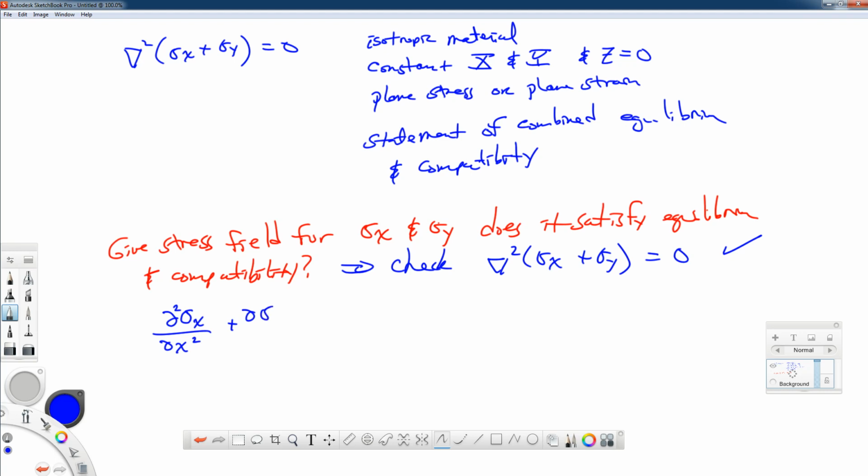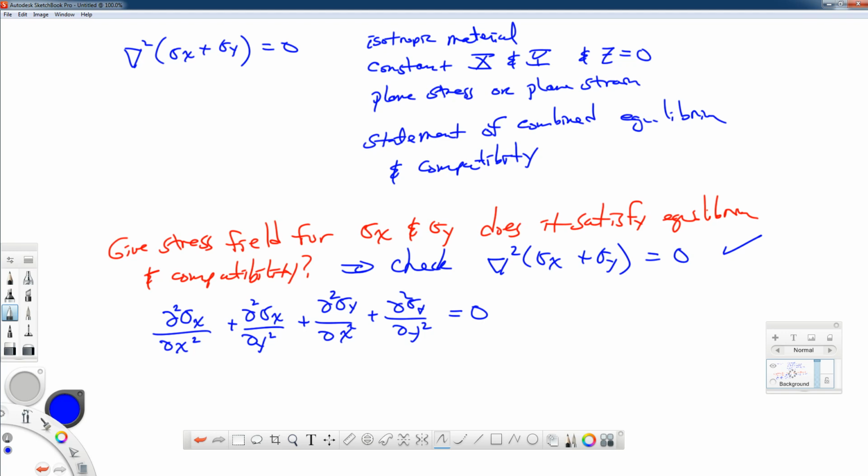It's where you take the stress field for sigma x and you take the second partial with respect to x twice and add it to the second partial with respect to y twice, and you do the same thing for sigma y, and when you add up all those second partial derivatives, if it equals 0, then we have a solution for a plane stress problem or plane strain problem that satisfies equilibrium and compatibility.